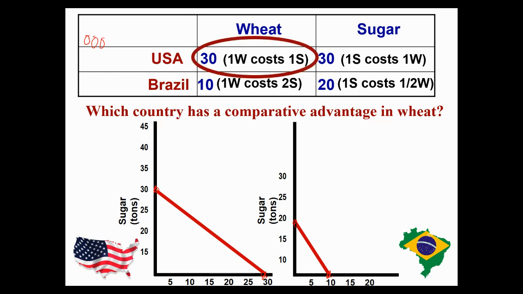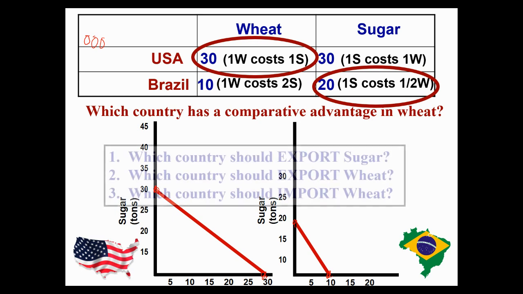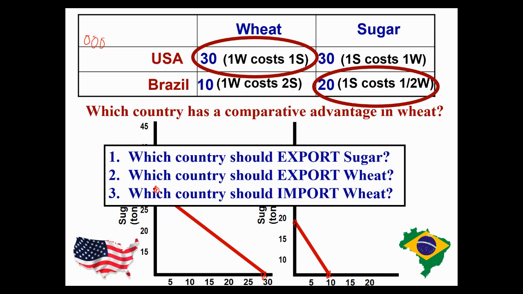So here we go. There is a specialization in wheat, and there is a specialization, or the comparative advantage, in sugar. So, which country should export sugar? Which country should export wheat? Which country should import wheat? If we're going to specialize in trade, the country that should export sugar is the country that's making sugar, who's better at making sugar.